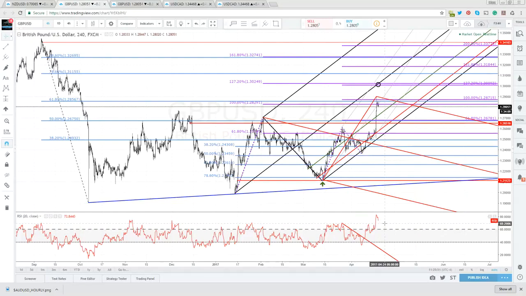RSI needs to reset. I mean, there's a lot of people that think, what is he doing with his RSI? But you know, you can make money with it. You can draw. I don't care how many lines you draw on your screen.